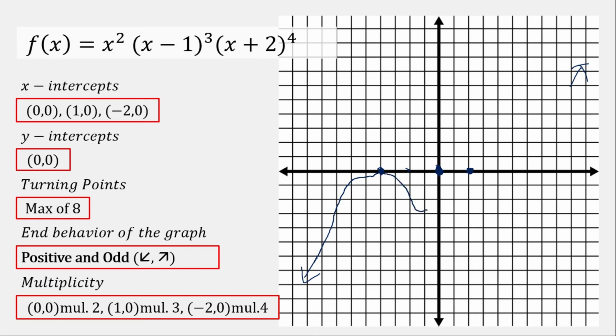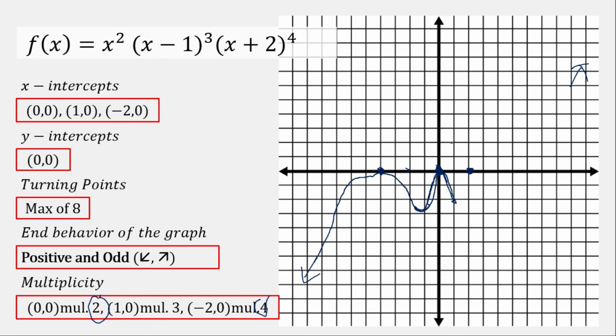Now, if we go to 0, remember the 0 has a multiplicity of 2. It should be narrower than the multiplicity of 4. That's why if we touch 0, we just turn back again. We will not cross the x-axis.